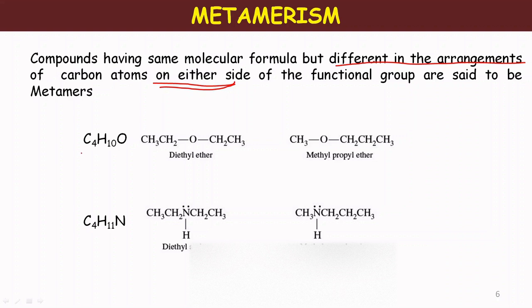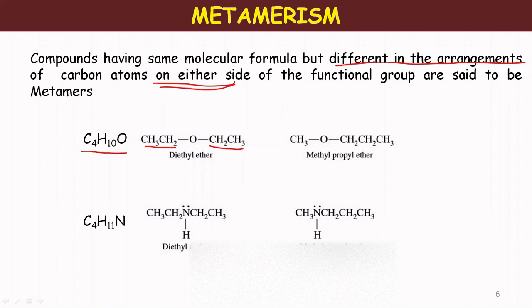So when you see two or more molecules with identical formula and identical functional group but different structural representation, that is, the distribution of carbon chain length on either side of the functional group differs, they are called metamers.